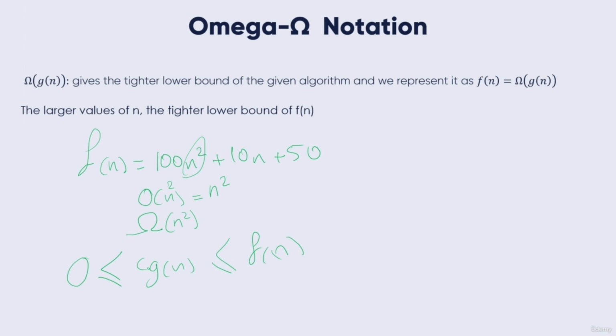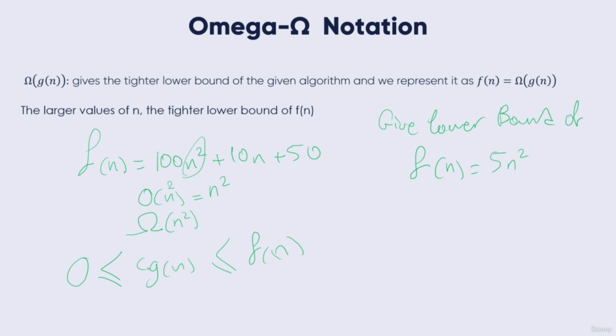For example, give a lower bound of f of n equal to 5n squared. Okay? The upper bound here is n squared.